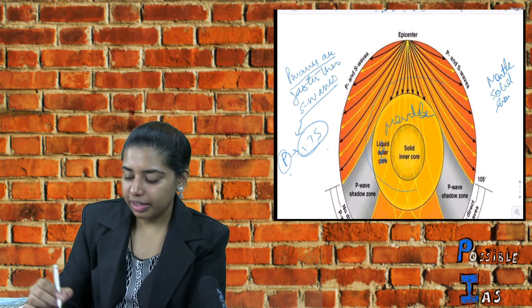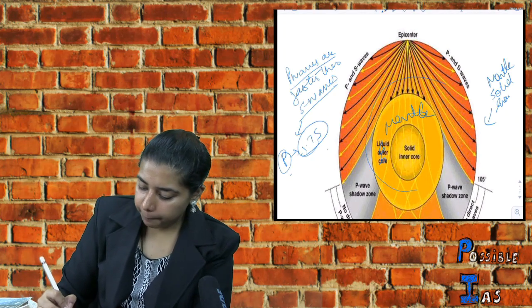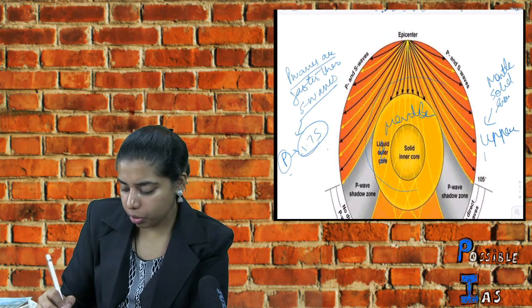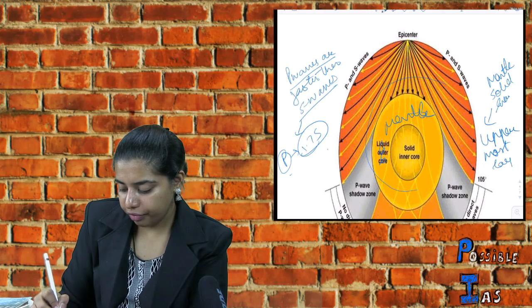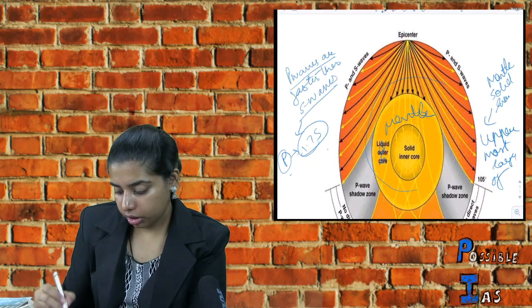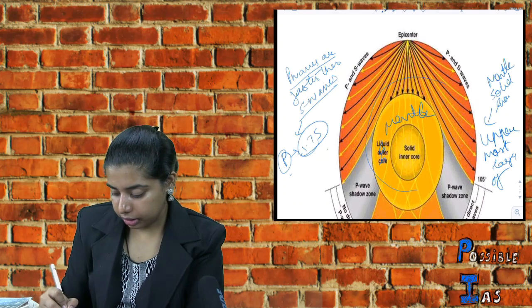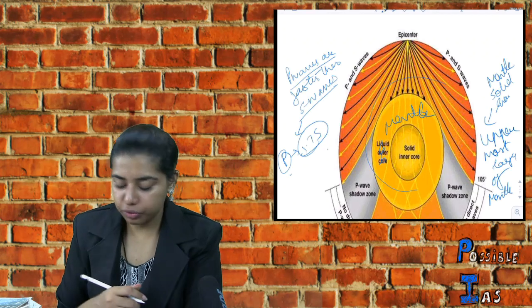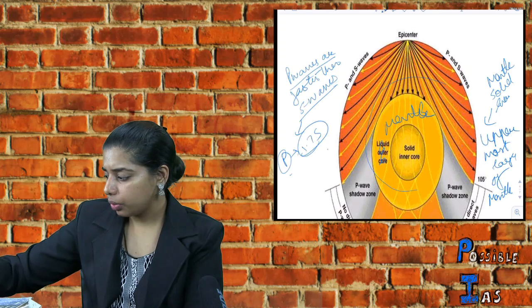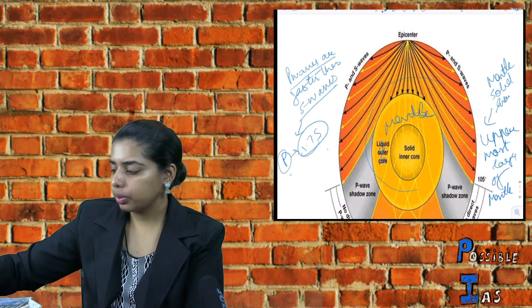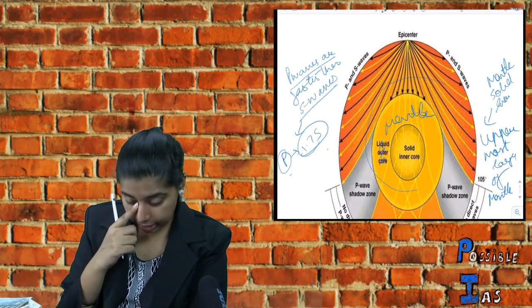The waves, P and S waves, pass through the uppermost layer, which is solid enough to let the S waves pass. That layer is known as the asthenosphere, though we will discuss it later.